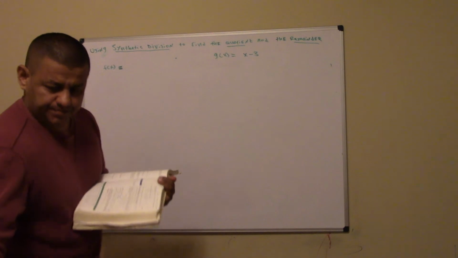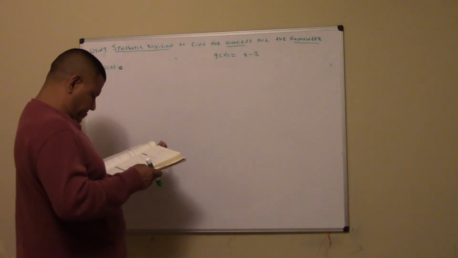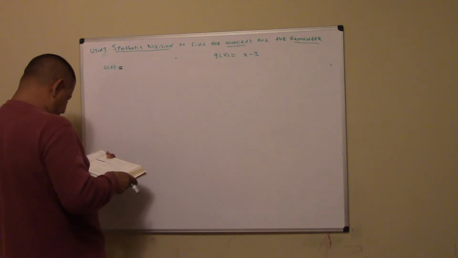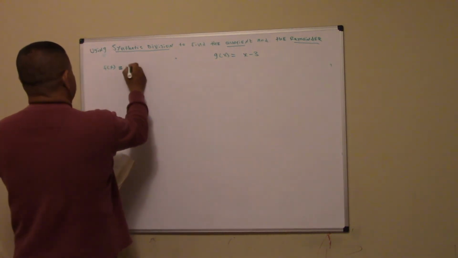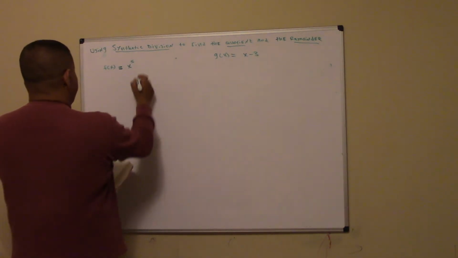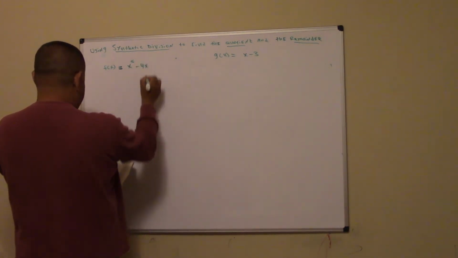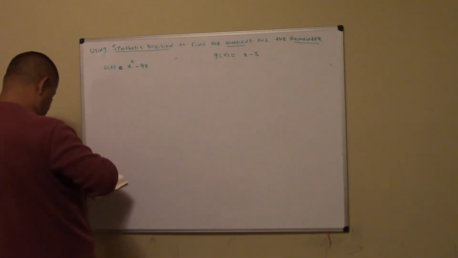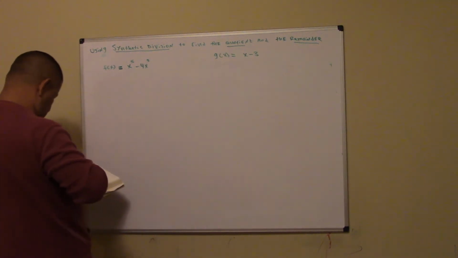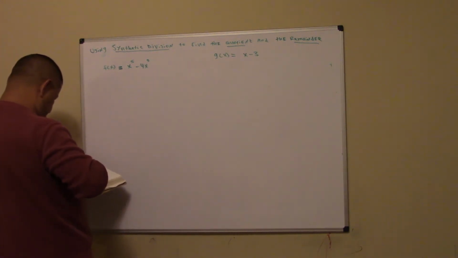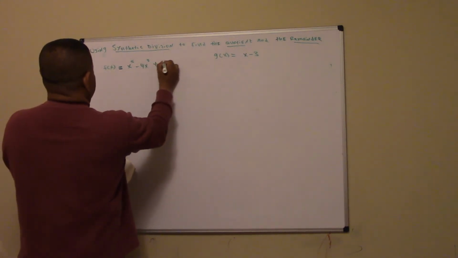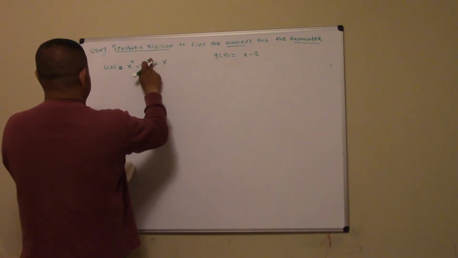Number 5 says that f of x is equal to x to the 5th minus 4x cubed plus x.